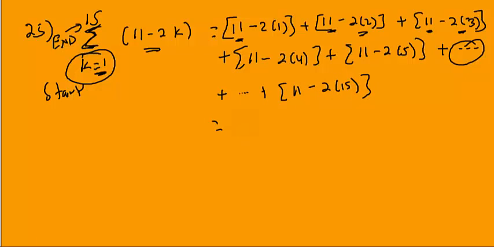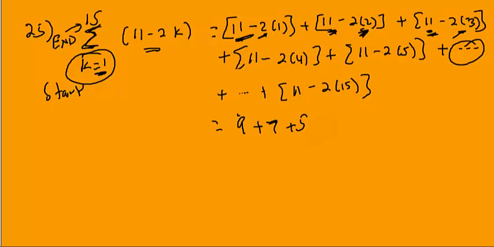So this is your start, and then work out each one of these. Of course, it's going to take some time, so let's see if there's a pattern. The first one is 11 minus 2, which gives me 9, plus the next one, 11 minus 4, which gives me 7, and the next one, 11 minus 6, which gives me 5.